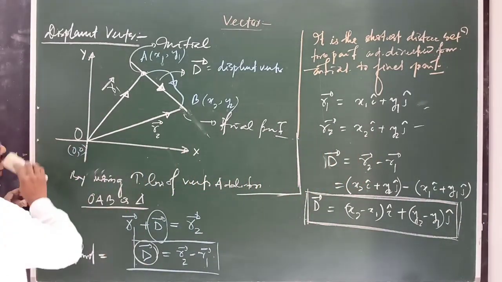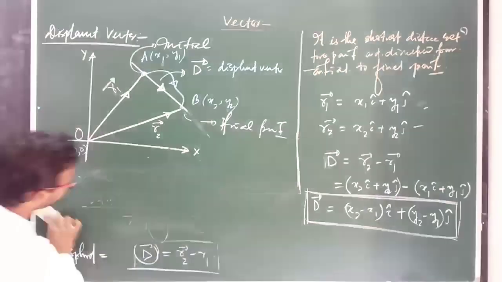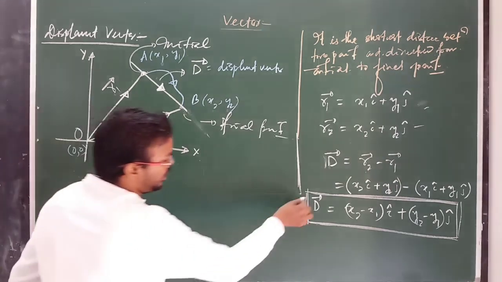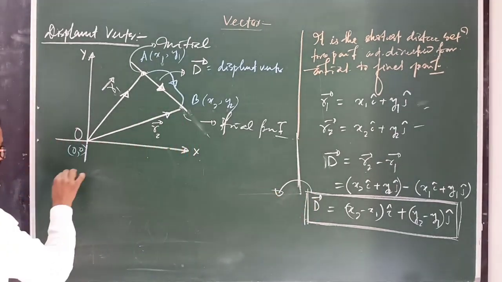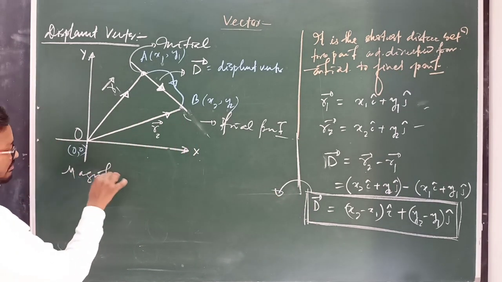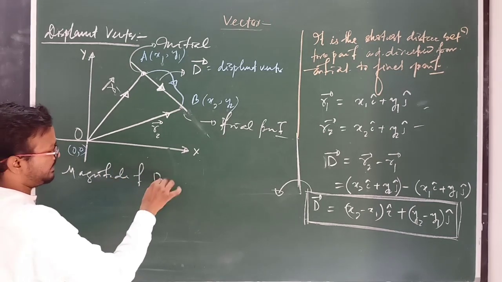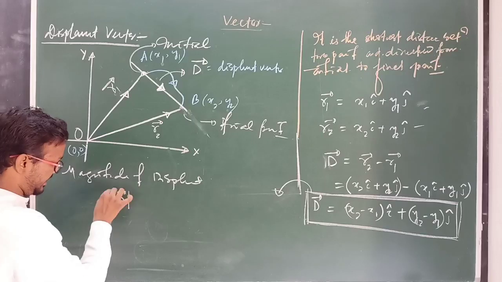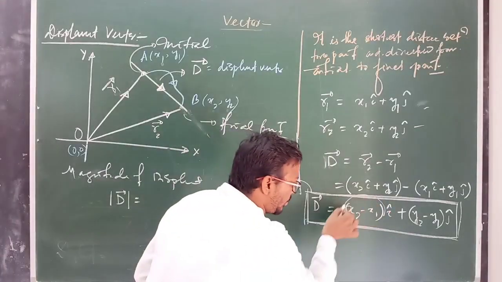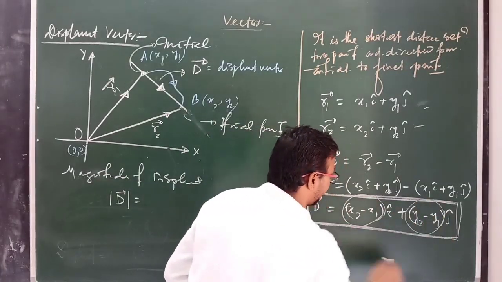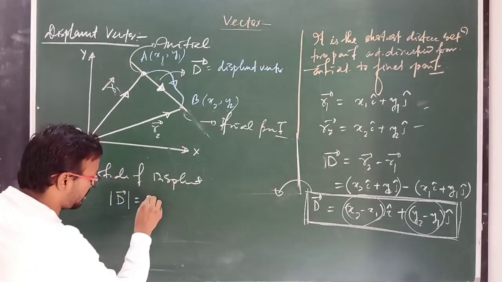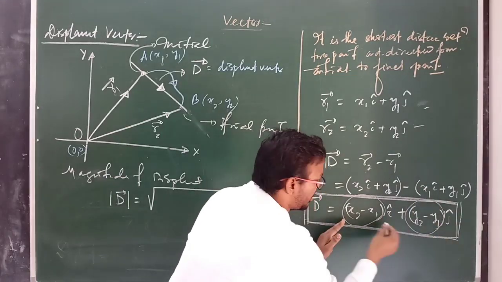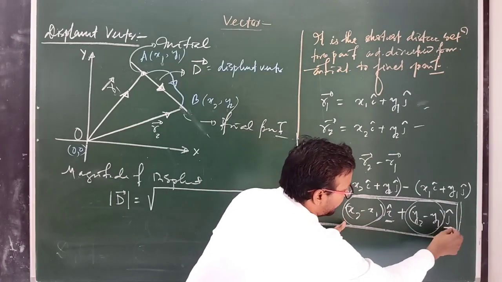Clear? Okay. So if we want to find its magnitude, how can we find the magnitude of this vector? The magnitude of the displacement vector, magnitude of D, equals the square root of x square plus y square, because here we have unit vectors i cap and j cap.